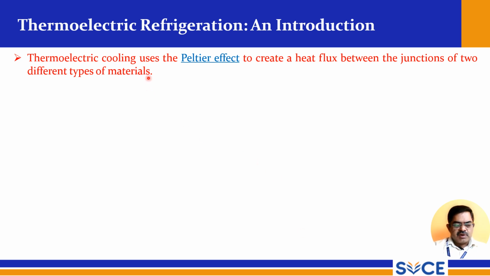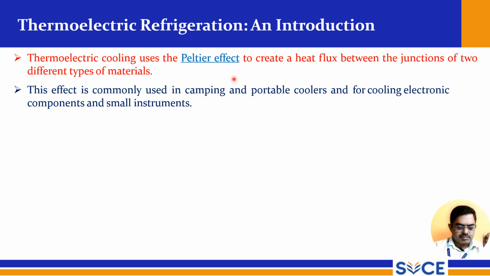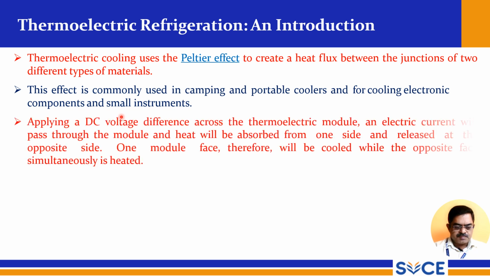Thermoelectric cooling uses the Peltier effect to create a heat flux between the junctions of two different types of materials. This effect is commonly used in camping and portable coolers and for cooling electric components and small instruments.